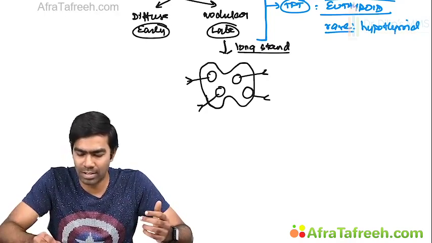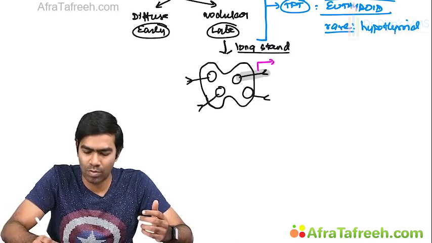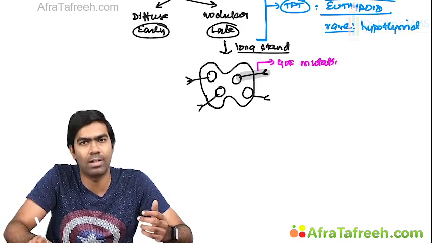So certain TSH receptors, because of continuous stimulation by the TSH, may go for gain of function mutations. That's in accordance with Darwin's theory, isn't it? When you stimulate something continuously, they grow. When you don't use or don't stimulate at all for a long time, they go for atrophy. This is something very simple to understand. So they are keeping on stimulating the TSH to take up the iodine, whatever iodine is left.